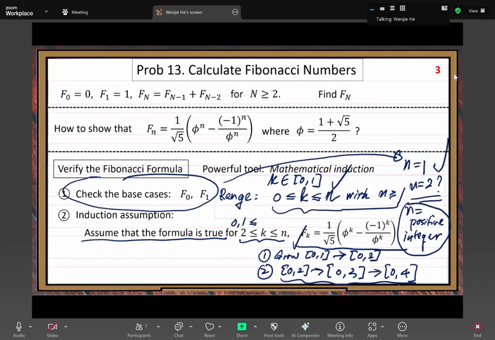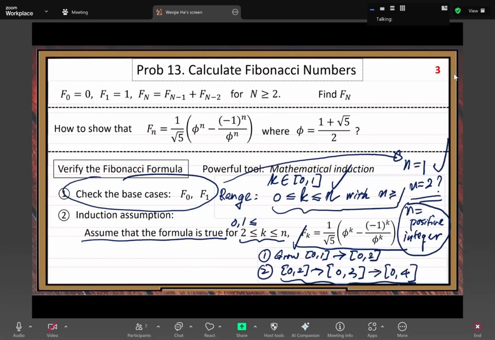That's the idea. Let me use a few minutes before the break time to describe this idea. This idea is very important. Why mathematical induction can show some statement is correct for all the integer numbers. That's the power. So here, I explain the critical point.